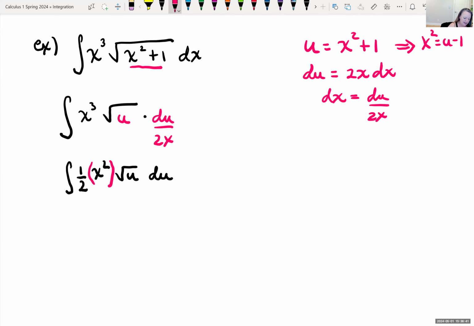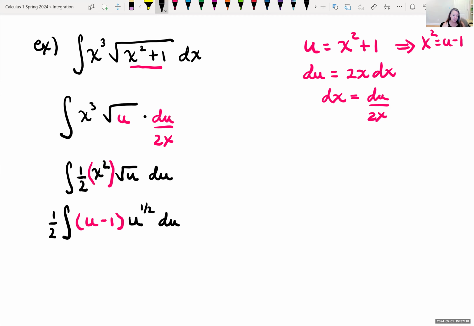So let's go back in and substitute what x squared is in terms of u. And then we're just going to have a function in terms of u, which we wanted. You can bring that 1/2 in front of the integral if you'd like. So 1/2 the integral of x squared, which we can rewrite as u minus 1, times the square root of u. I'm going to rewrite that square root of u as u to the 1/2 power, du.